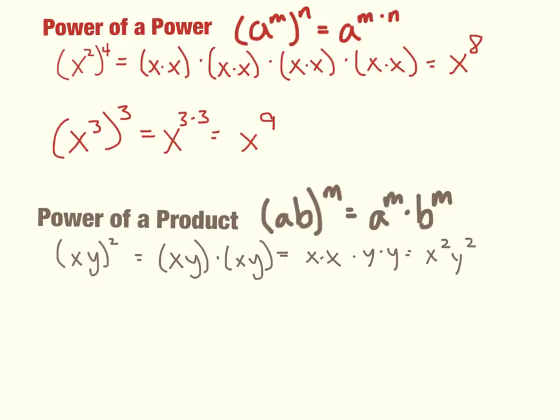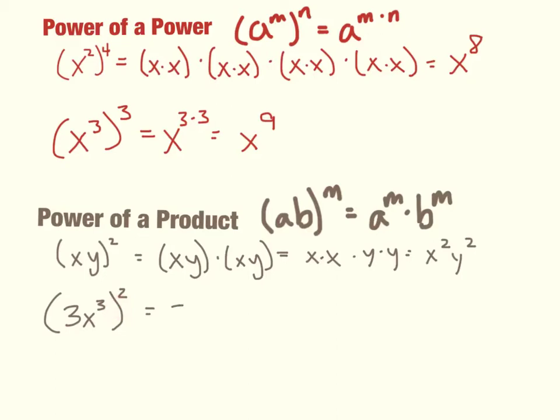Alright, let's do an example of 3x cubed, squared. So now I'm starting to mix in some other properties. First of all, the 3x cubed is being squared, so everything is going to get that squared.